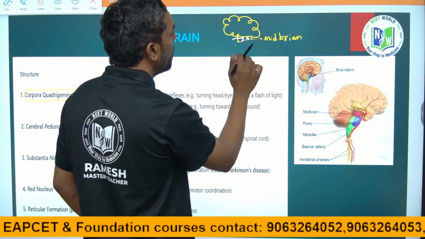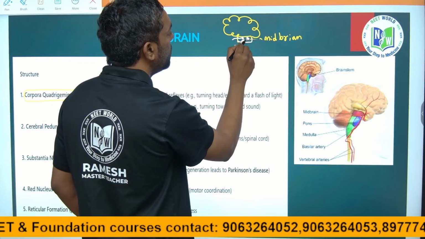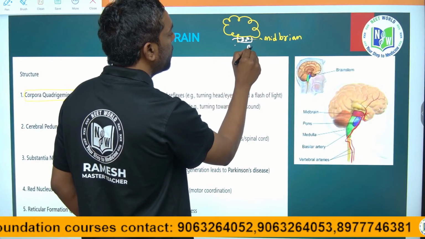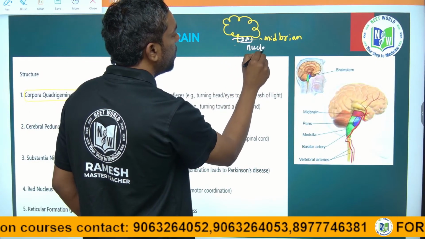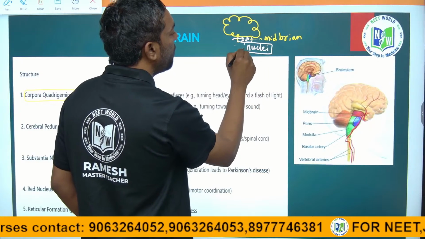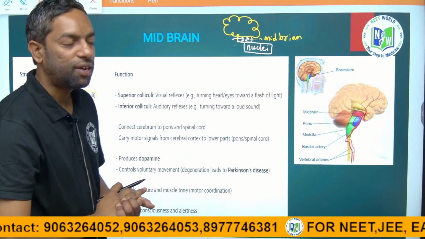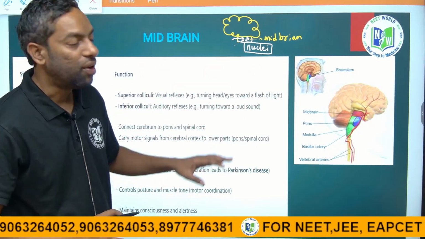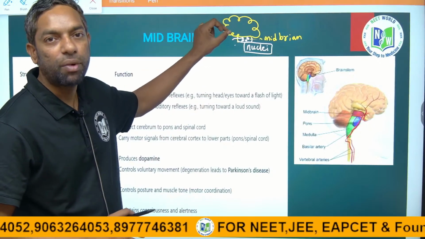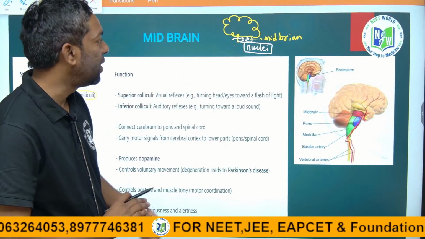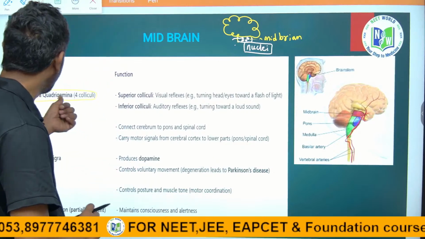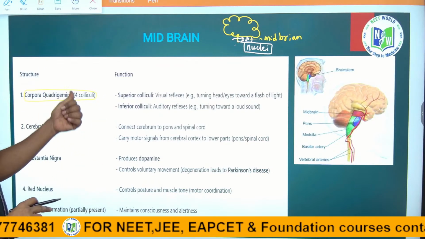Bundle of cell body parts of the neurons we can call nuclei. There are 4 bundles of nuclei in the midbrain, that we call corpora quadrigemina.